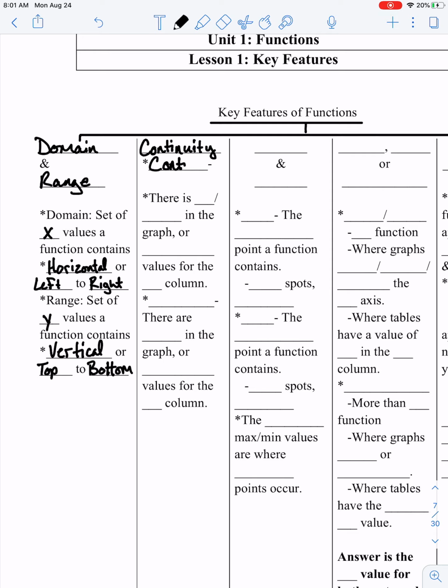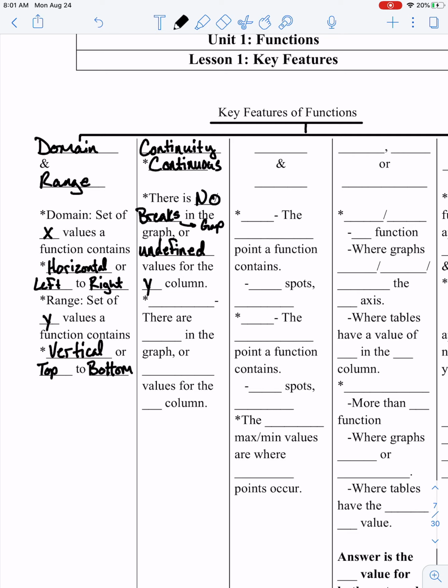Continuous simply means there are no breaks in the graph. Another word you can use for break is gap. So there are no breaks or gaps in the graph, or undefined values for your y column.